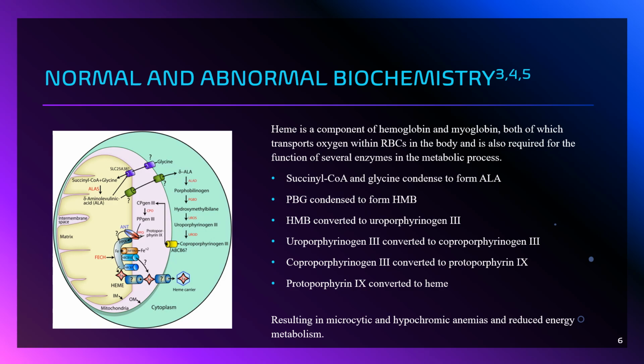When we're looking at the abnormal, with the introduction of lead, lead poisoning impairs heme synthesis by deregulating enzymes in the biosynthetic pathway. Lead poisoning increases ALA synthase activity by inhibiting the downstream enzymes like ALAD, ferrochelatase, and also coproporphyrinogen oxidase.